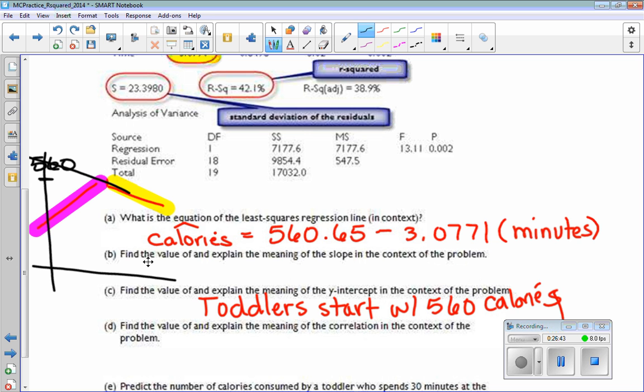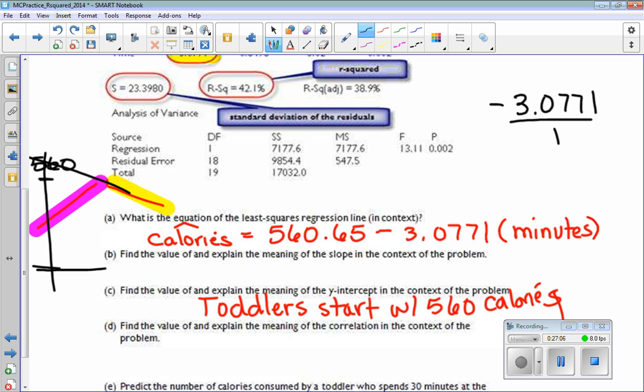Okay? So, part B, what is the meaning of the slope in this particular context? We need to realize the slope is this number over 1. Let's put the variables in there as well. It's y over x. Remember, slope is the difference in y over the difference in x.